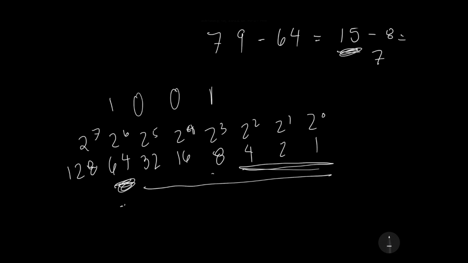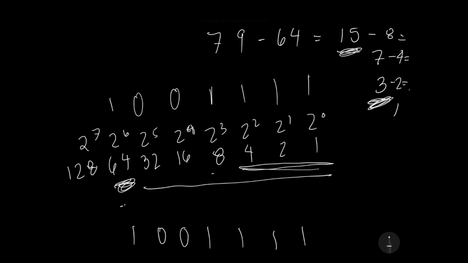And 4 can fit into 7, so we're going to do this. 7 minus 4 equals 3. 2 fits into 3, which is remaining, so we can do this. 3 minus 2 equals 1. And now we just got 1, so we can do this. So we're going to have 1, 0, 0, 1, 1, 1, 1.